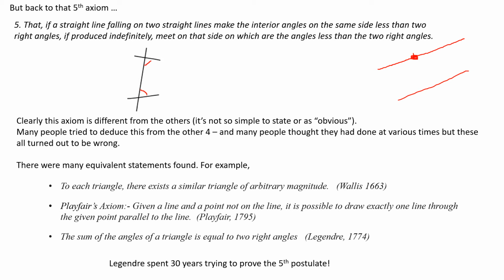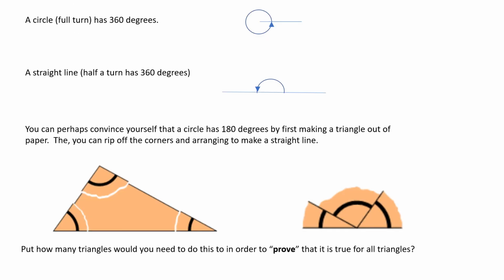And he spent 30 years trying to prove this 5th postulate from the other 4. Okay, so you may be thinking we can prove that the angles in a triangle add up to 180 degrees. And so you're all familiar with this fact.